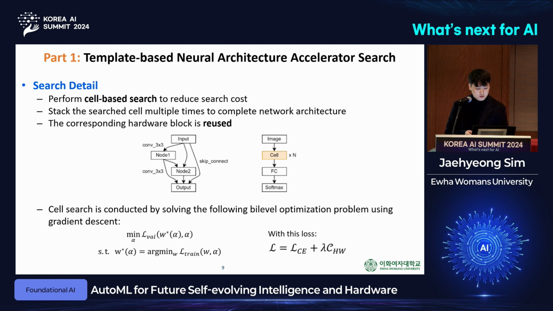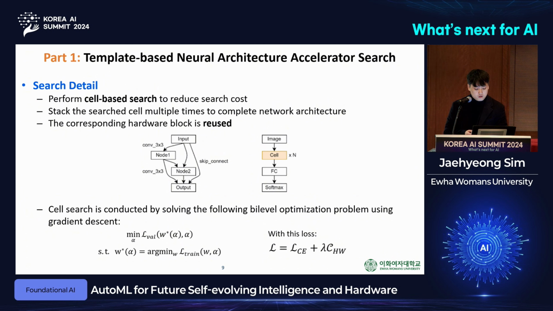And we perform cell-based search to reduce the search cost. This is something that was done previously, not in my work previously. Instead of searching for entire layers, we search for an optimal cell, and then we stack the searched cell multiple times to complete the neural architecture.